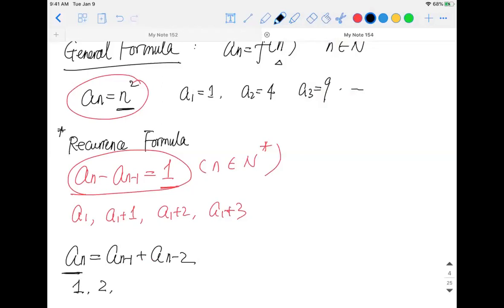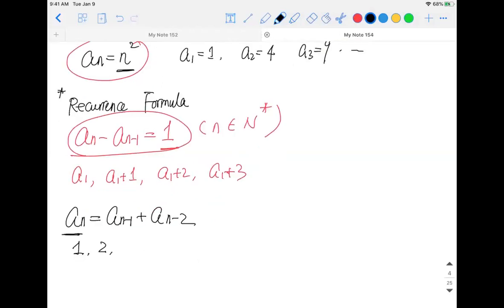So a3 will be 1 plus 2 equals 3. a4 will be 2 plus 3 equals 5. And then the next one will be 8, and so on and so forth. So this is also a way to denote a sequence.